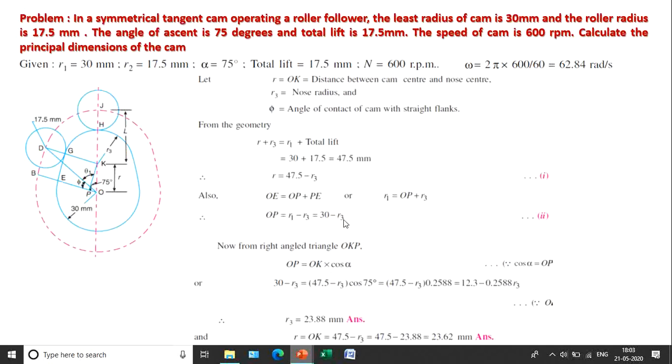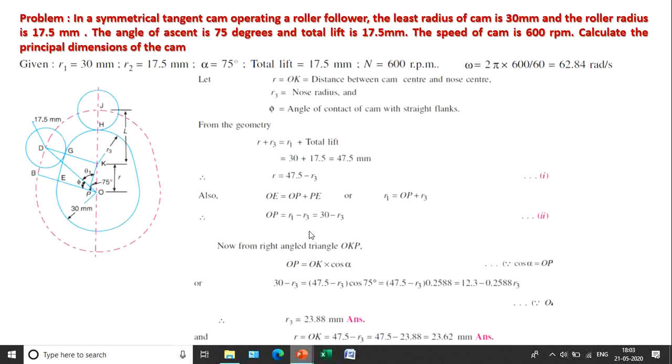We know OP equal to 30 minus R3, therefore 30 minus R3 equal to OK cos alpha. Since OK is nothing but small r, which is equal to 47.5 minus R3, we replace OK as 47.5 minus R3 into cos 75. From this we can get the value of R3. If we simplify that, we get R3, which is nothing but the nose radius. R3 will be equal to 23.88 mm.